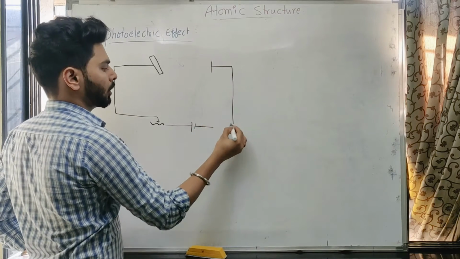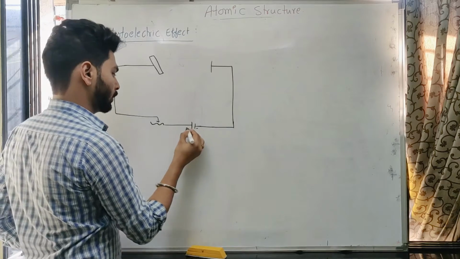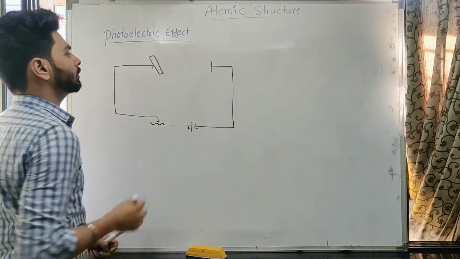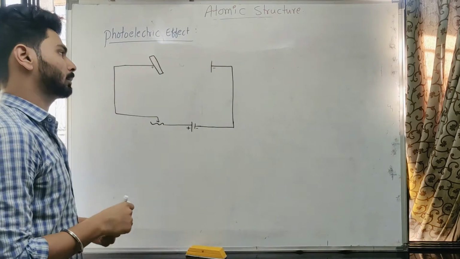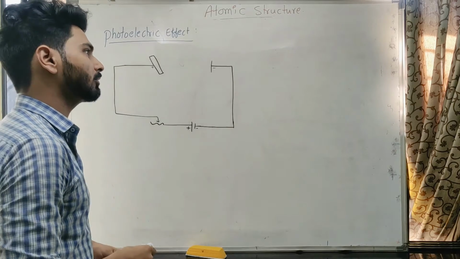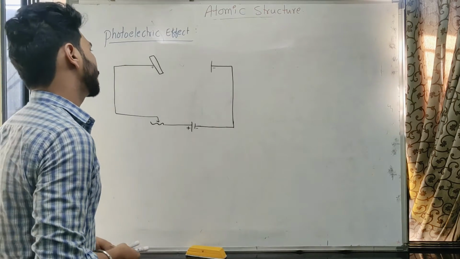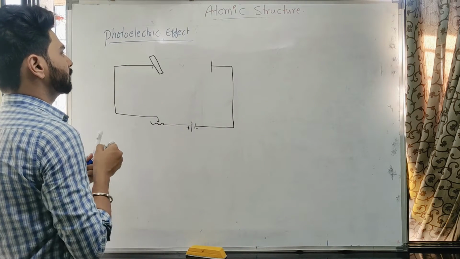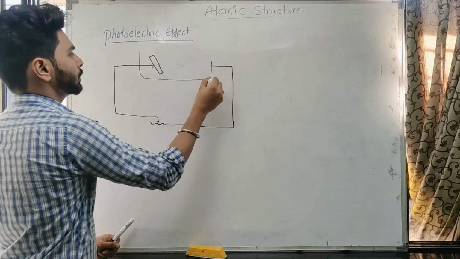Then one normal rod will be made as cathode. So this will be positive and this will be negative. This particular metal plate must be electropositive, made up of an electropositive metal like sodium, cesium, or potassium, and they must be covered by using a glass tube.